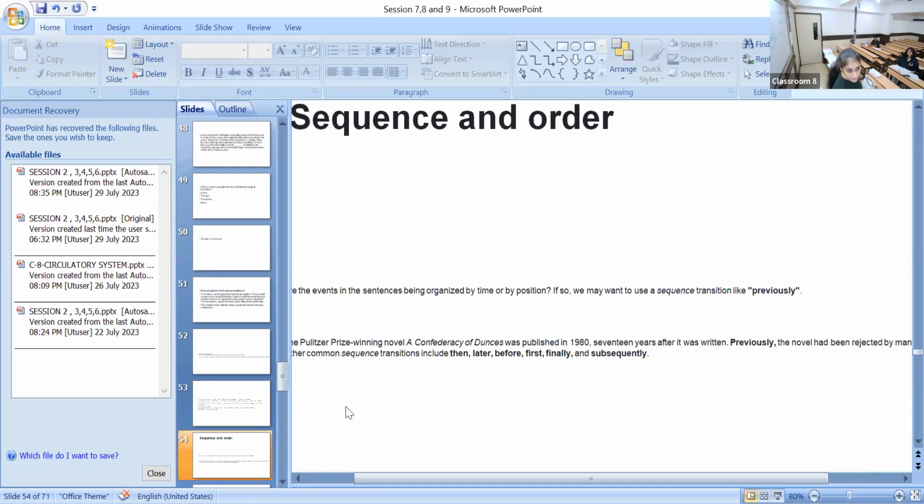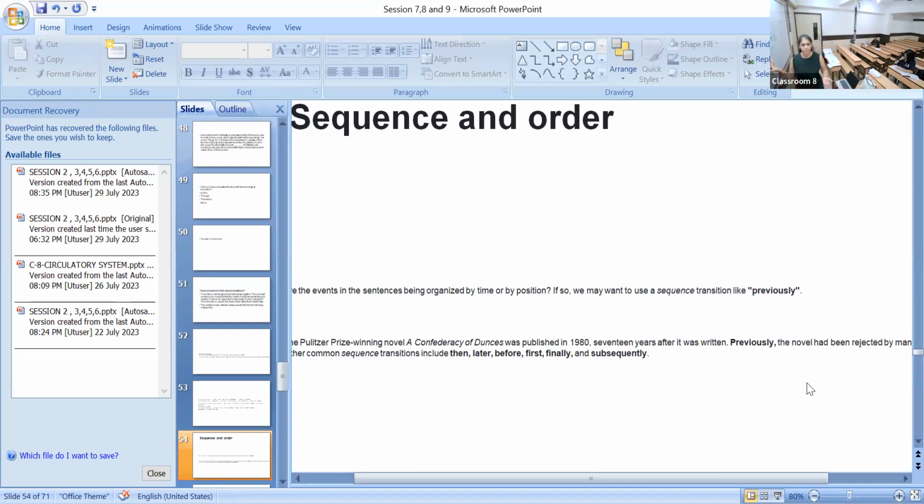In case they are being organized that way, you can use the sequence transition like previously. You can see over here, this was mentioned about a prize-winning novel. Previously, the novel had been rejected. So you can use common sequence transitions whenever you're talking about time.